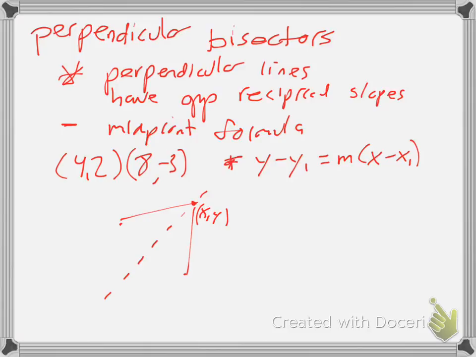Okay, I'm going to go to a new page, give myself more room. So here we go, (4, 2) and (8, -3). We have two options. You can start with finding the slope or the midpoint. Which one do you want? Slope.